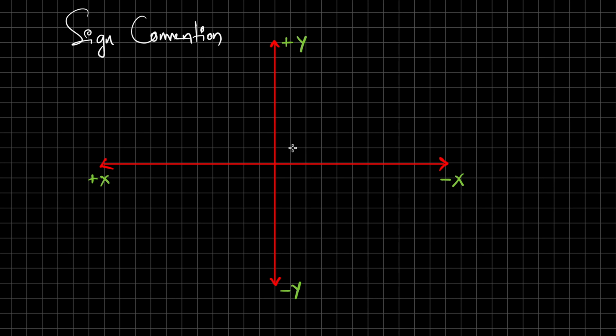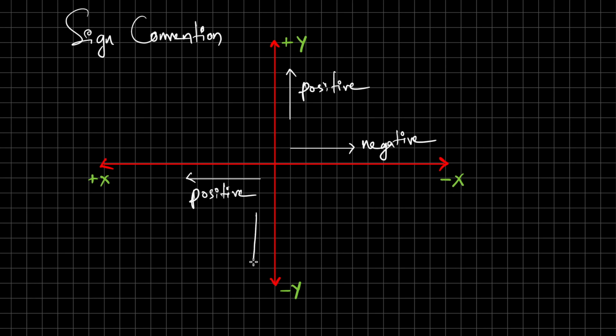So anything that you are measuring from the origin to the right hand side is going to be negative. Towards the left, it's positive. Up is positive. Down is negative.